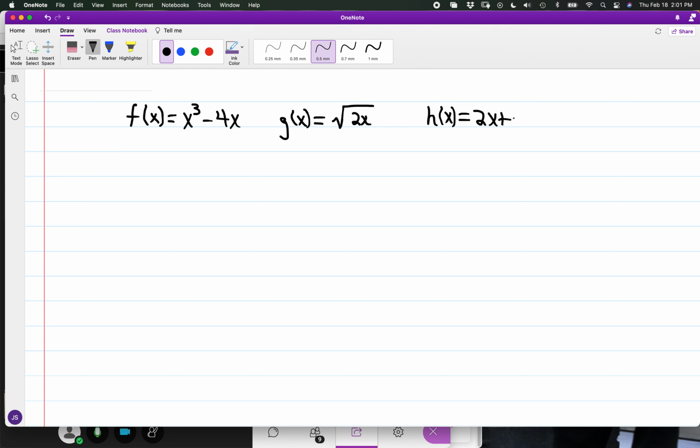In the case of working with the composition of functions, for number 47, again on page 225, we're now looking at f composed with g of x, where x is set equal to 8.